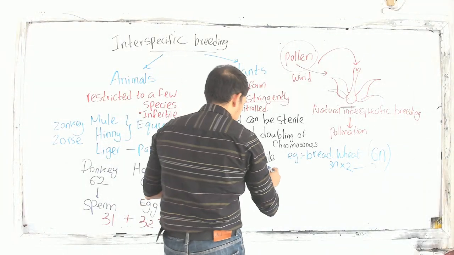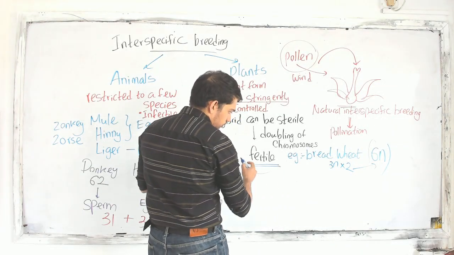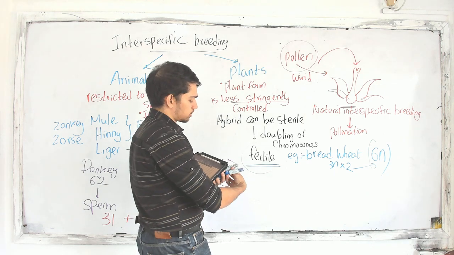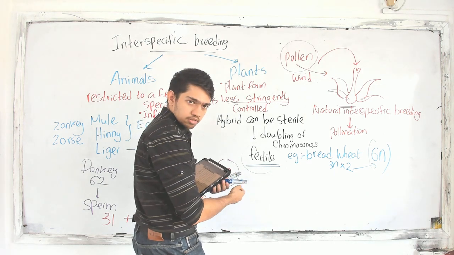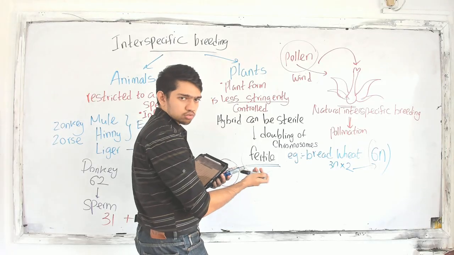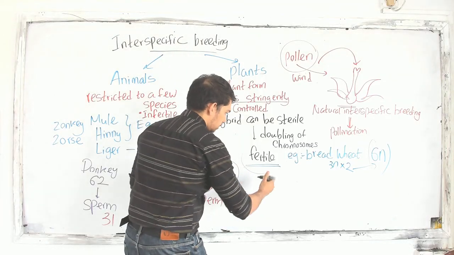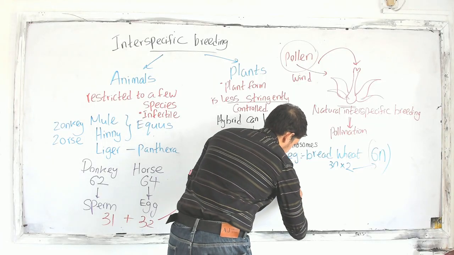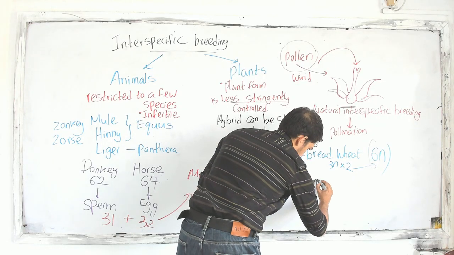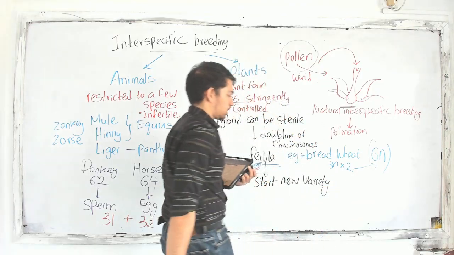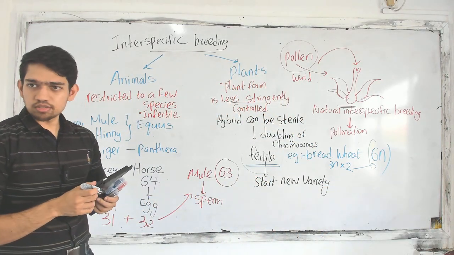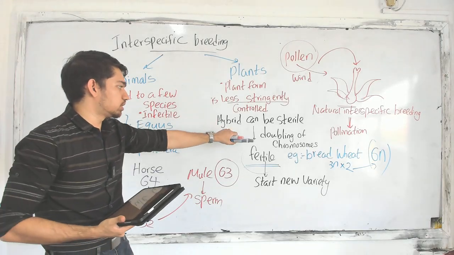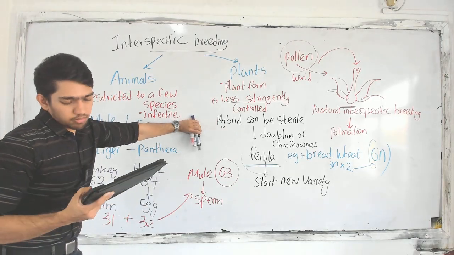Sometimes this new doubled fertile hybrid can be the start of a new variety, because it has more chromosomes, right? When you were studying this previously, did you go through this detail? So this newly doubled hybrid can be the start of a new variety.